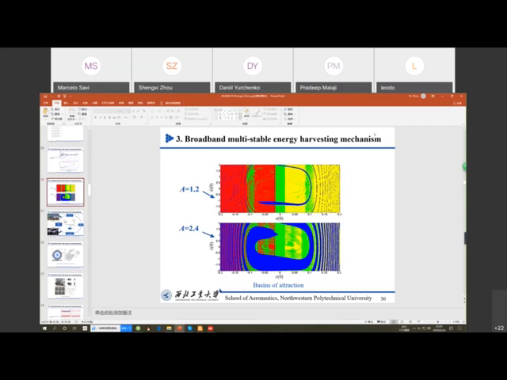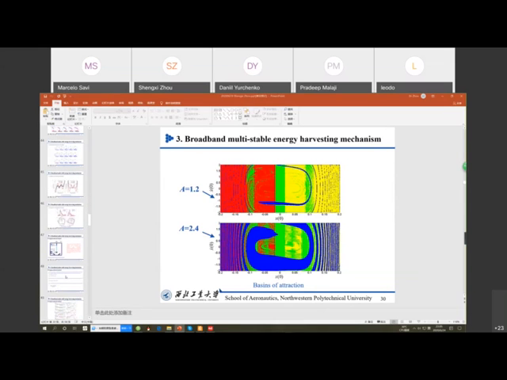So if you consider the impact changes the displacement and velocity, you can use this kind of basis of attraction. If you consider the impact just changes the velocity, I think this picture is enough here.